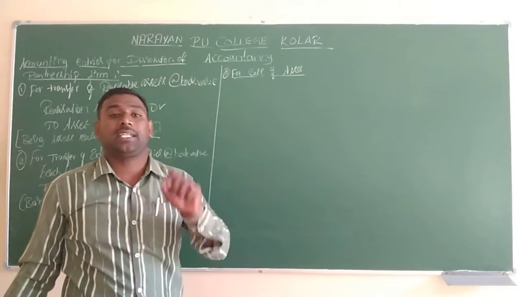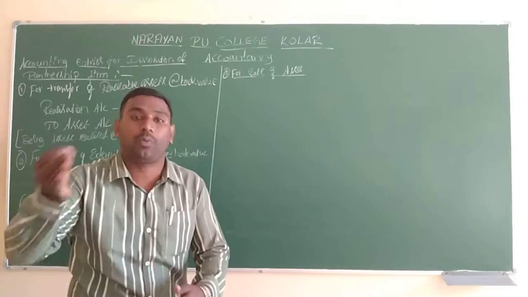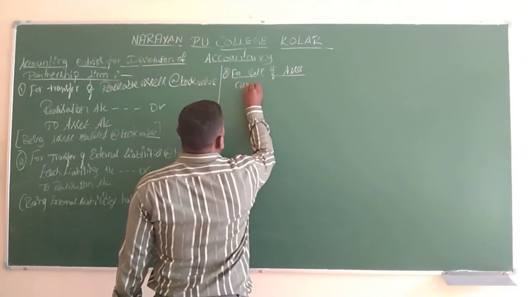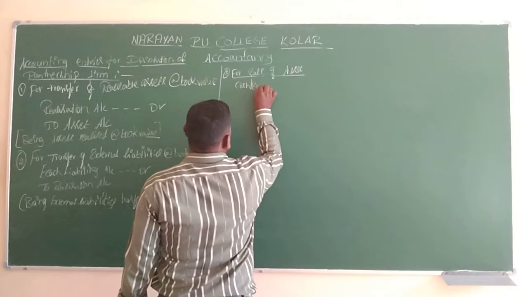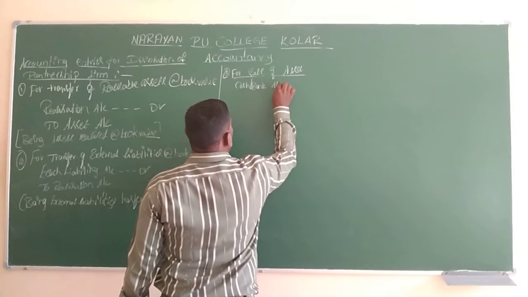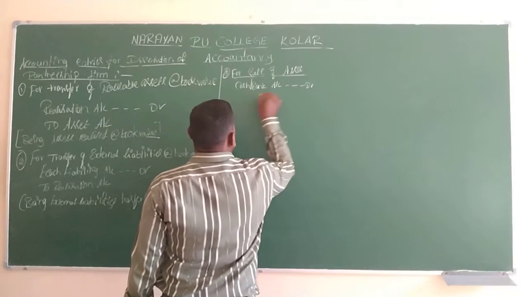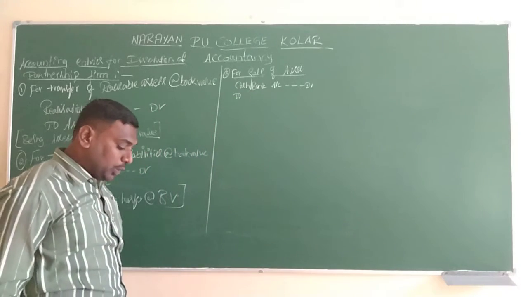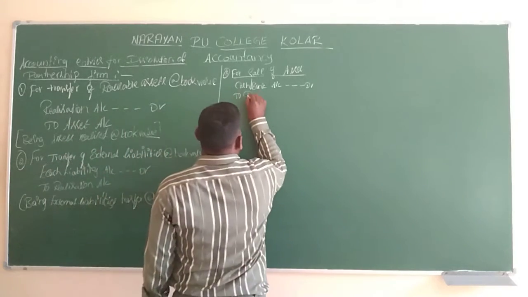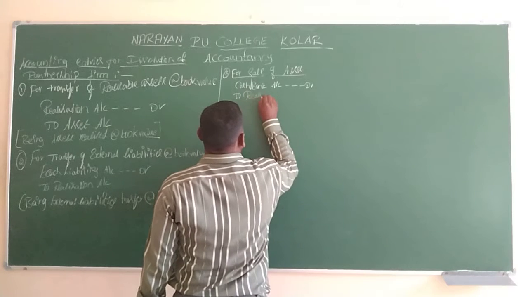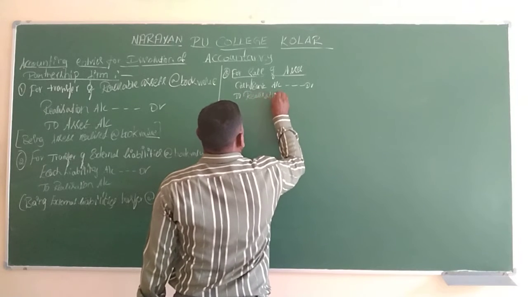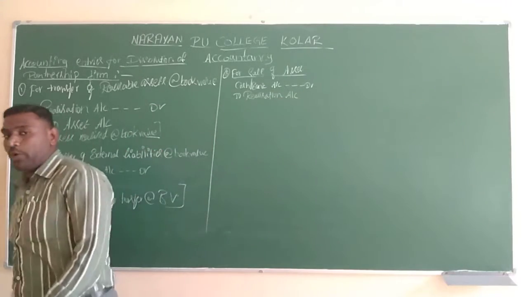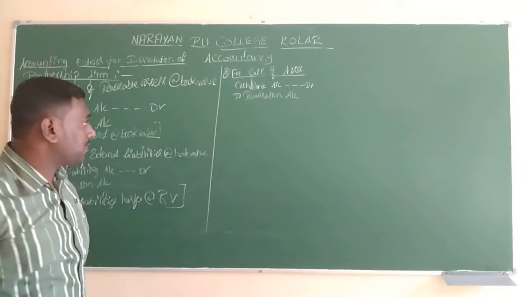If any asset has been sold, we have to write the journal entry: cash or bank account debit to realization account. We will write the entry in this manner.